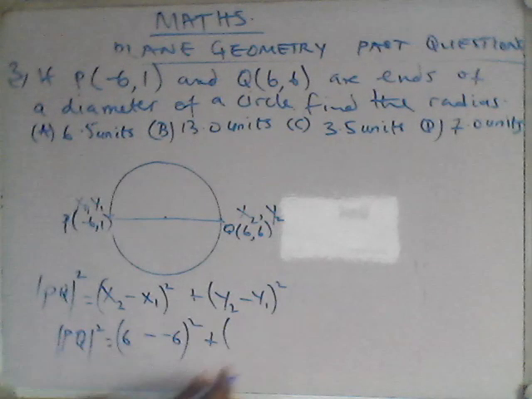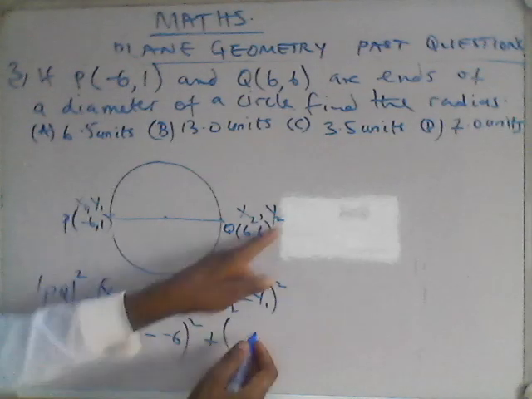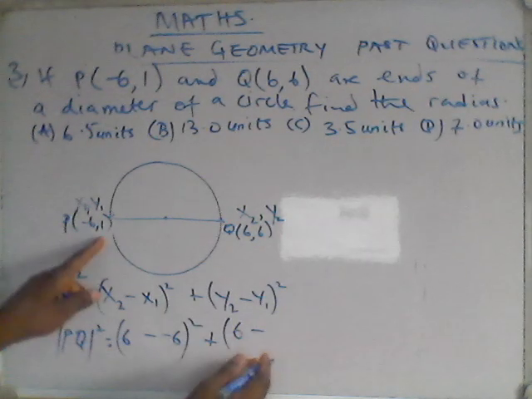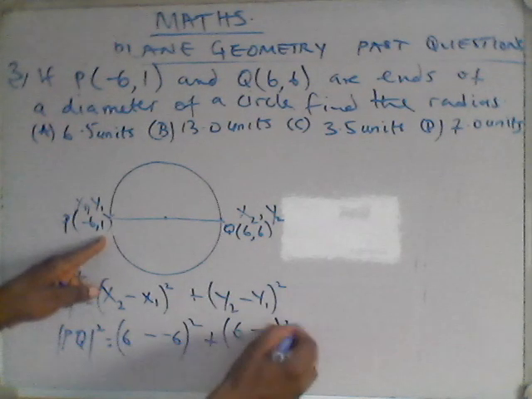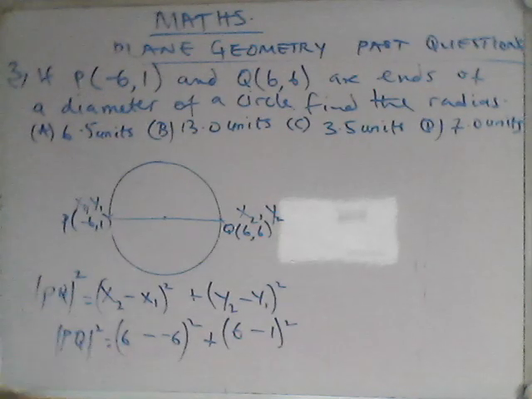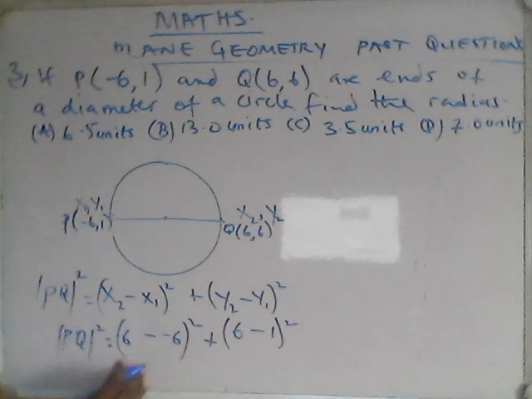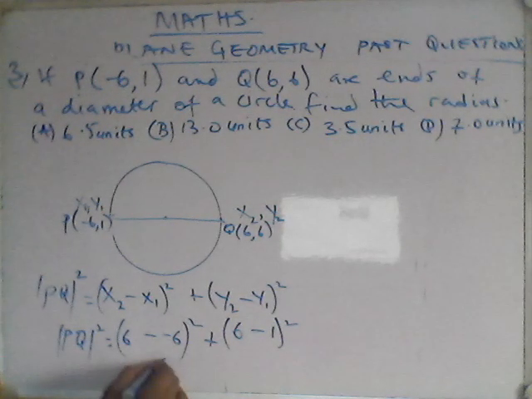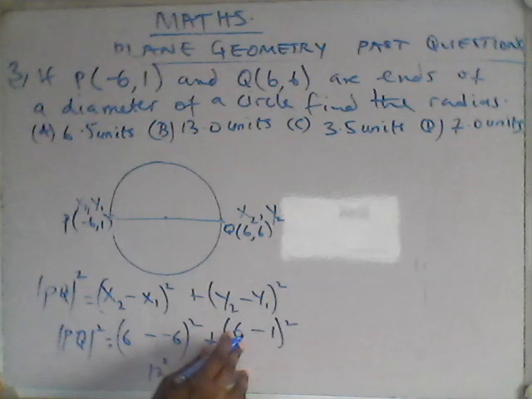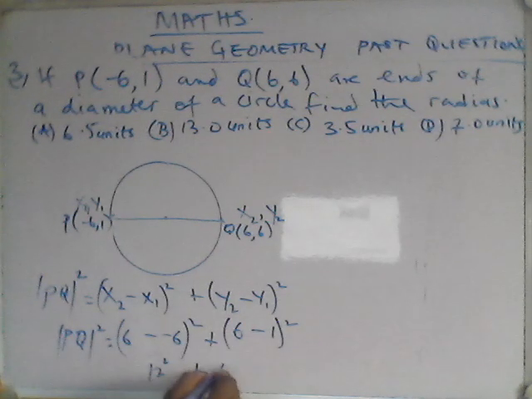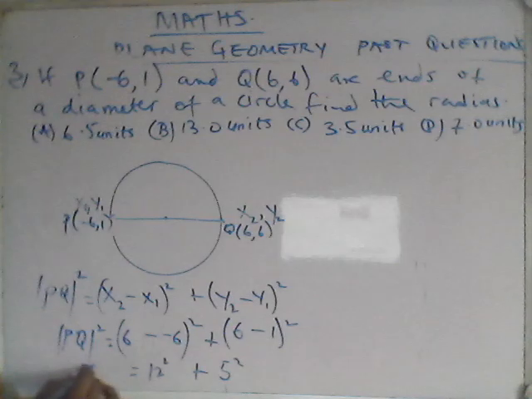Plus y2, which is 6, minus y1, which is 1, all square. So minus is plus, 6 plus 6 is 12. 12 square plus 6 minus 1 is 5, 5 square. It's equal to PQ line all square.